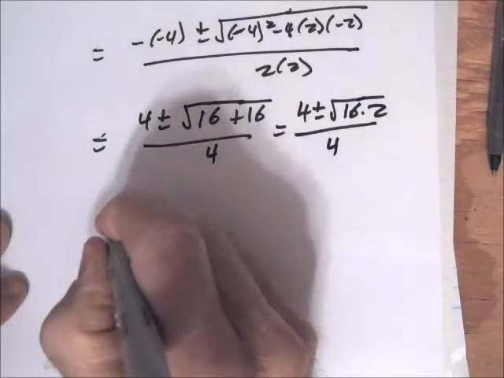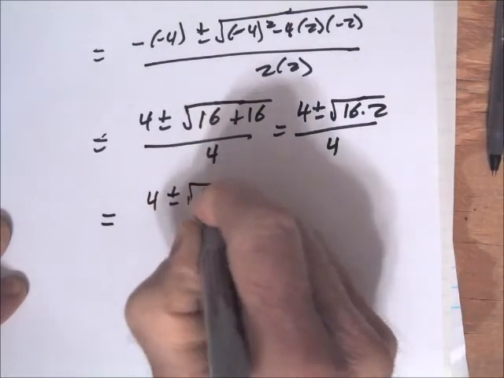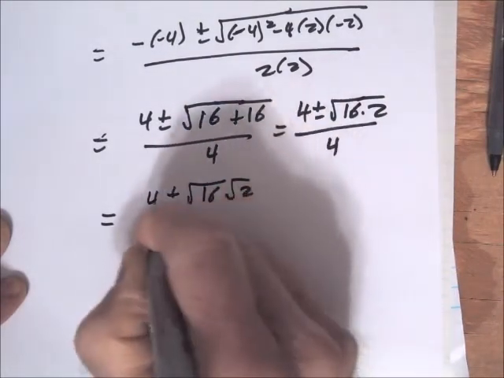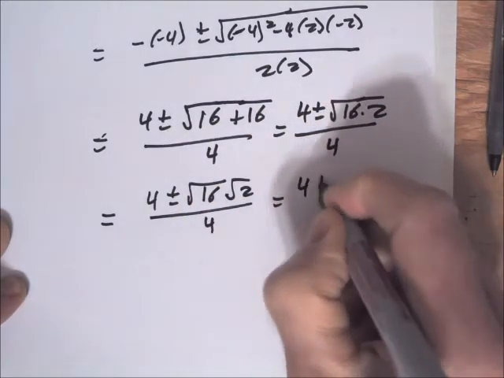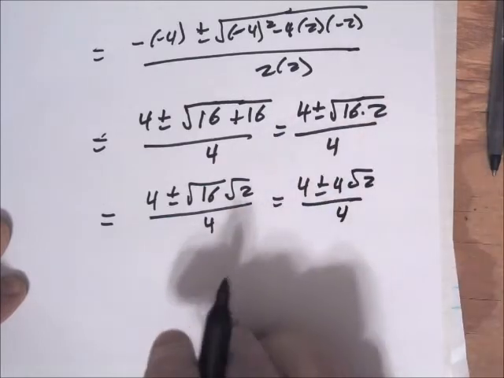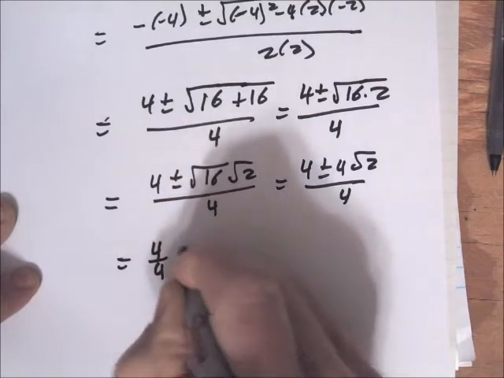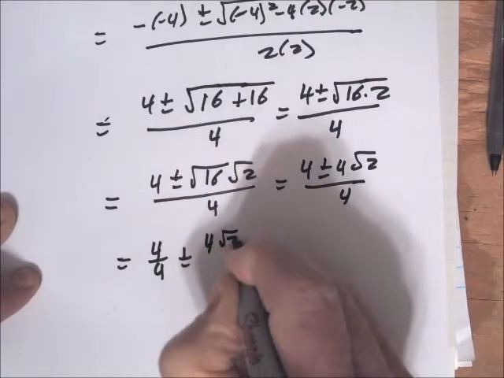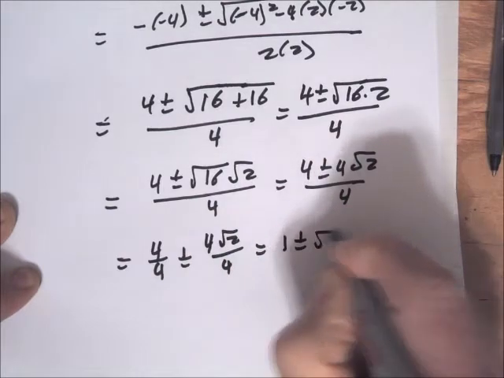As long as you don't have more than one minus sign, the square root of a product is the product of the square roots. And the square root of 16 is 4. So 4 plus or minus 4 root 2, over 4. We can distribute the denominator: 4 over 4 plus or minus 4 root 2 over 4. The 4's cancel. We have 1 plus or minus root 2.